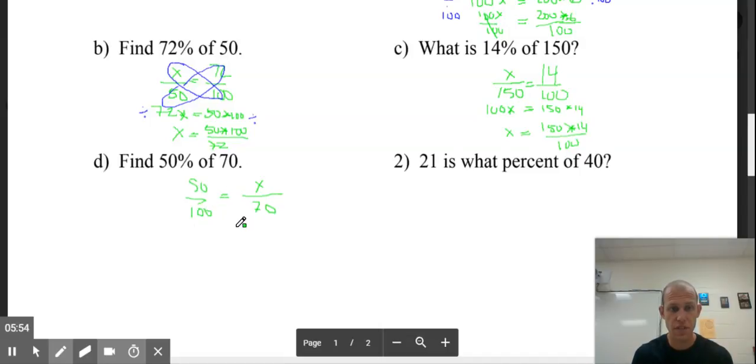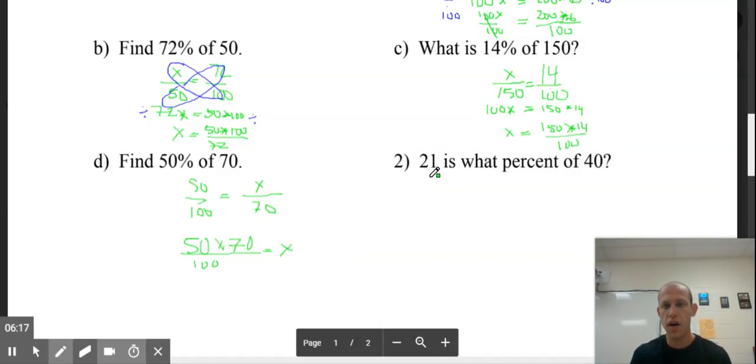So 50 times 70. And then I will be dividing by the thing that is next to the x, which will be the 100. So I did it all in one step. But I know the process and why that occurs. So that's okay.